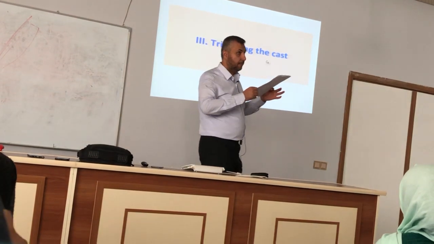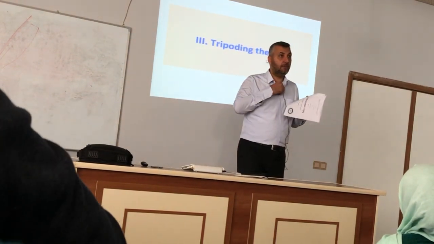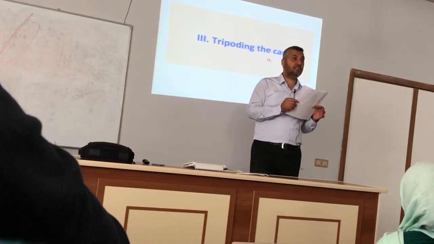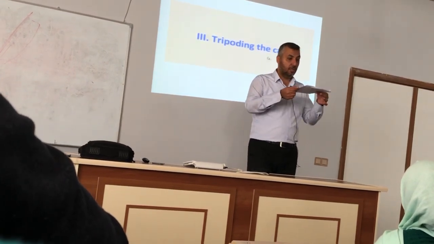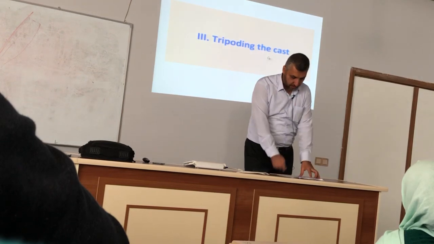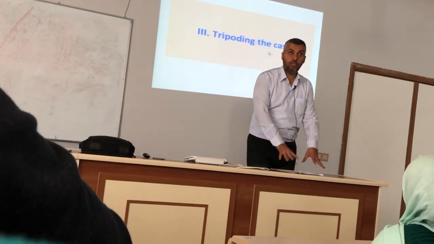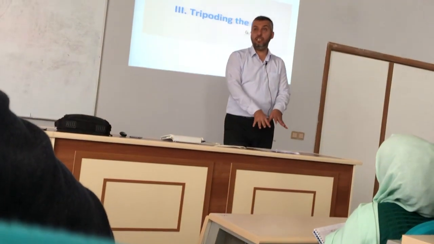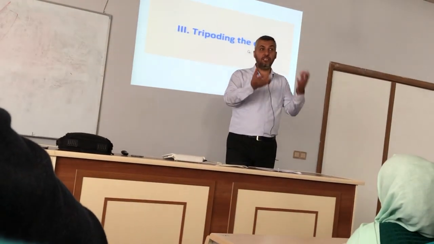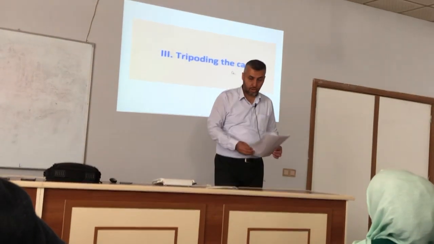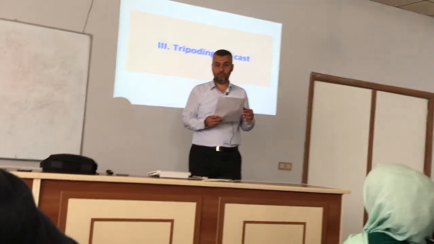Tripoding. This is the cast. Say I don't know anything about tripoding; it's my first time to hear about it. I put my cast on the surveyor, locked by the screw. This is the position. It's okay while the cast is in its position. For any reason, I want to remove the cast and check for anything.